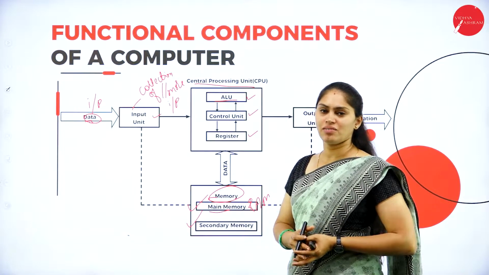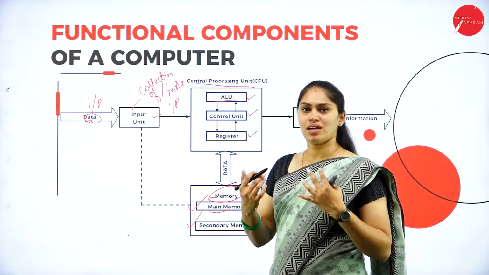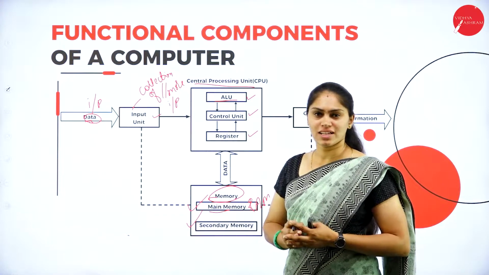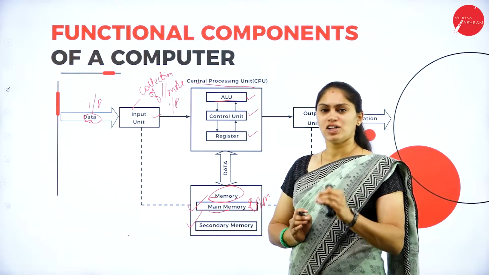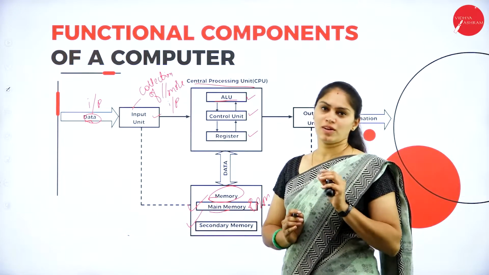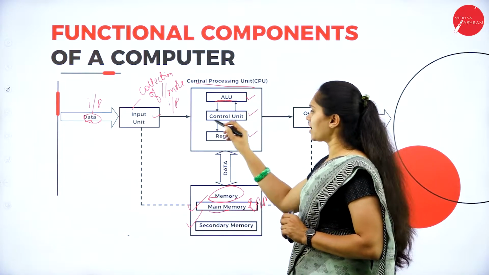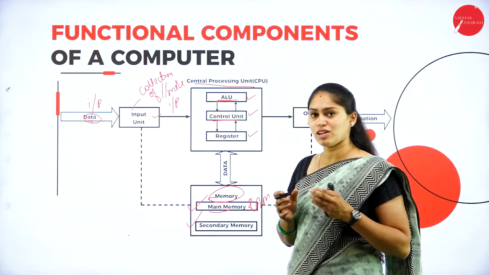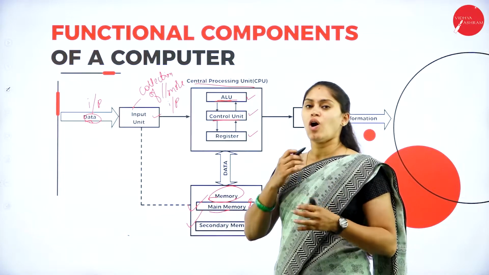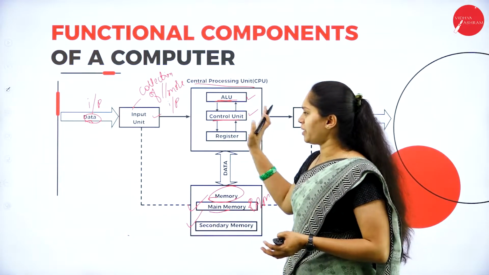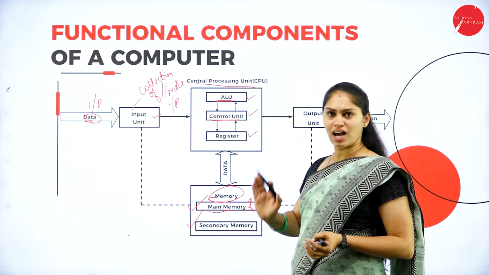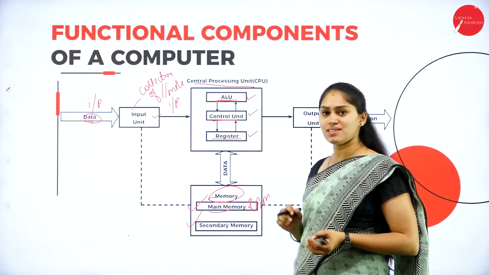Whenever we are using a computer, we may have arithmetic operations, logical operations, and all those kinds of computations will be done under this ALU component. Then we have a control unit. This control unit controls and coordinates all the flow of information from one device to another device. Then we have a register.